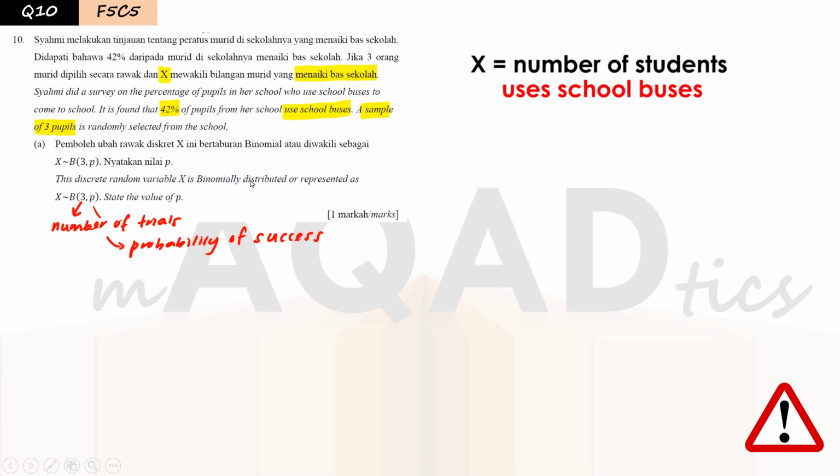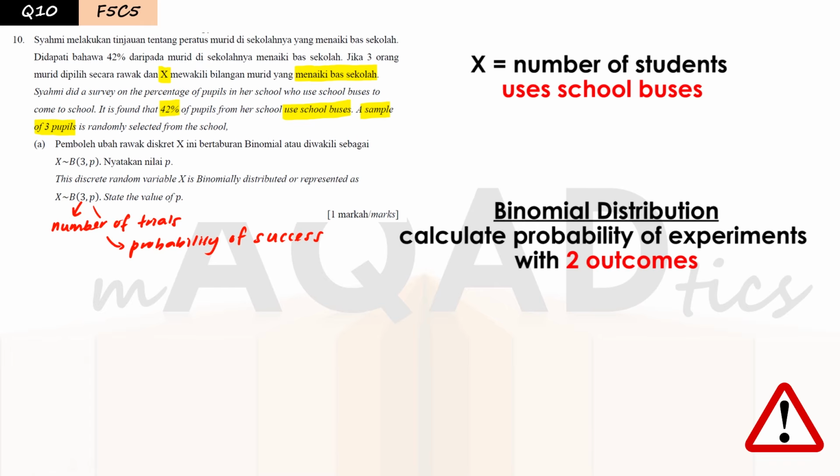So what is binomial distribution? Binomial distribution is the way we calculate the probability on experiments that have two outcomes, and these two outcomes are actually opposite of each other. Let me give you an example. Let's say heads or tails.